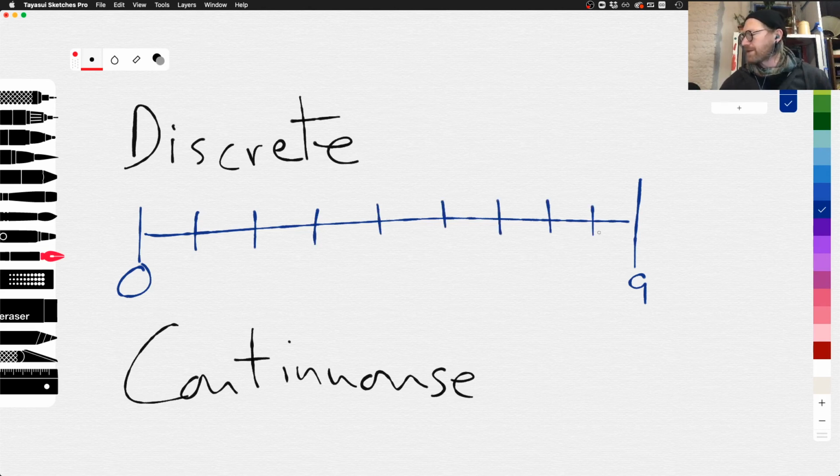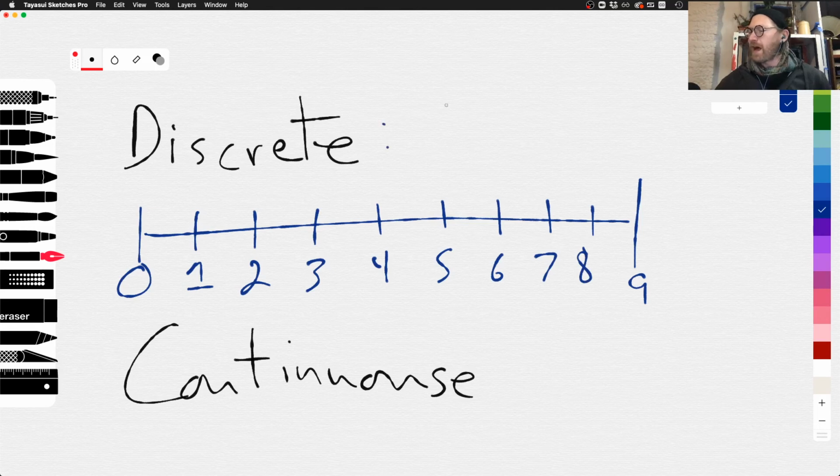It's pretty well balanced. And when we're thinking about discrete, we imagine that there is no space between 0 and 1, right? And often a reason that we might do this is that discrete implies countable, right?